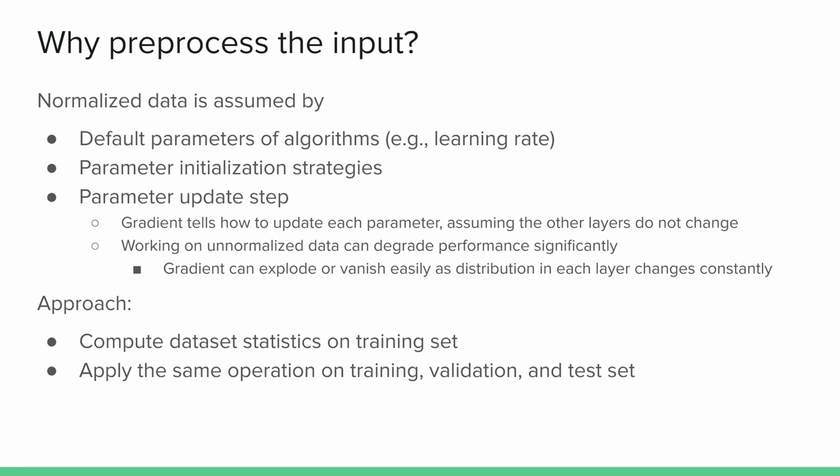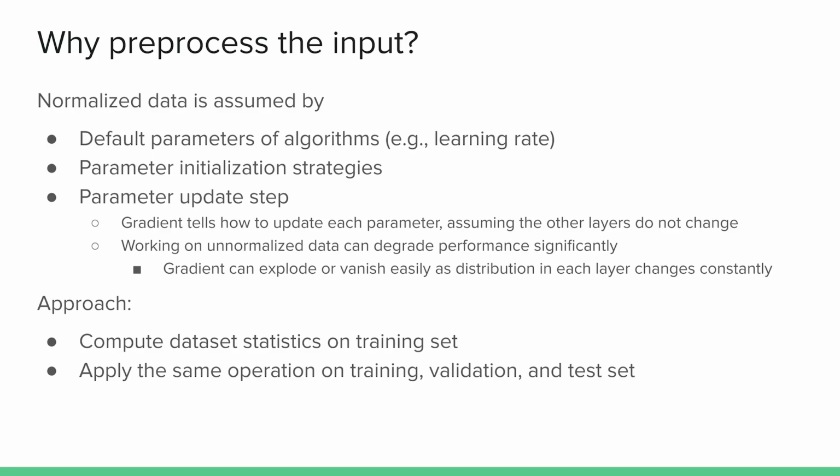There are a couple of reasons why preprocessing can be necessary, or at least beneficial, whenever you train a neural network. There are many parts of your network that assume normalized data. So input normalization is one major factor that you should definitely consider.